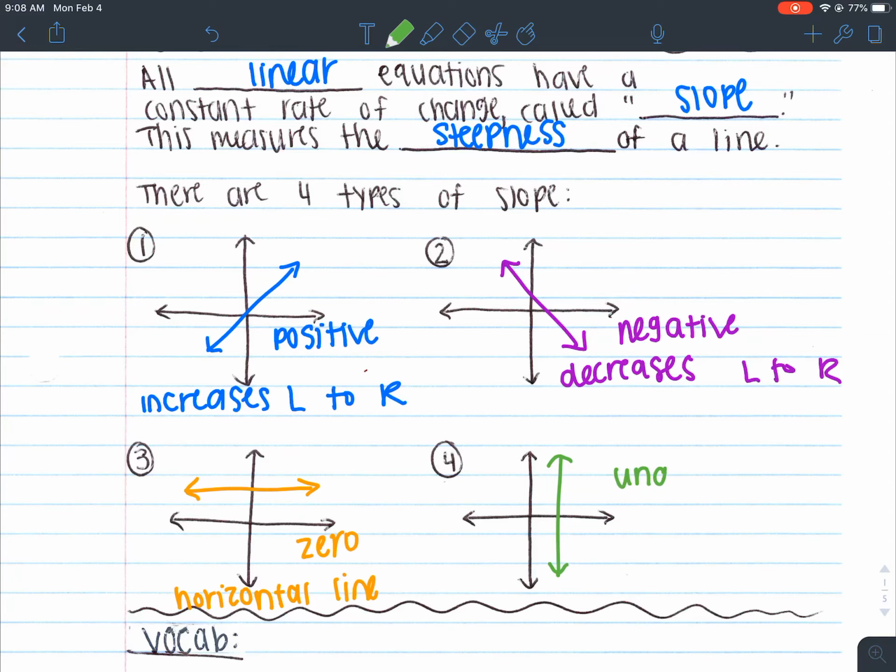And this is called undefined. And this is when we see a vertical line, that's when we know it's an undefined slope. So these are the 4 different types of slope that we see. It's either going to be positive, negative, 0, or undefined. So 0 is only when it's lying flat horizontally completely, and undefined is if it's completely straight up and down vertically.